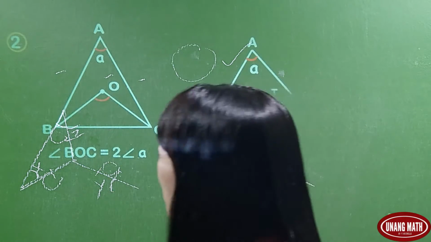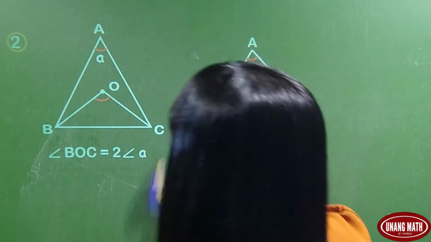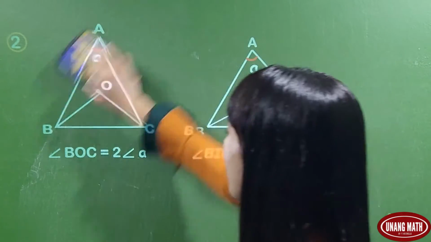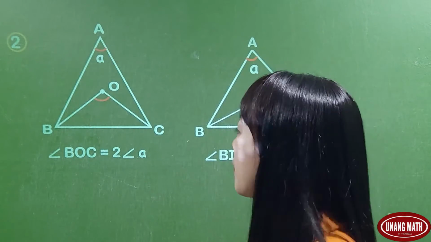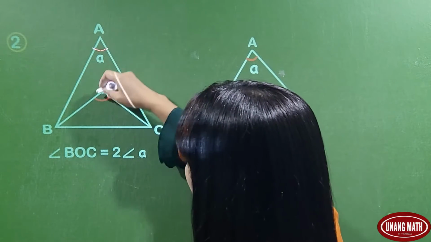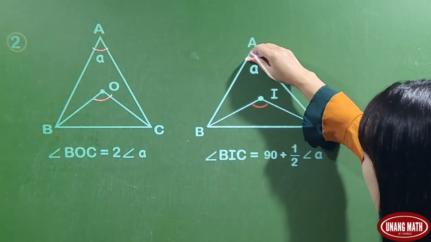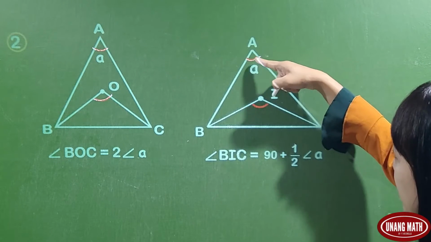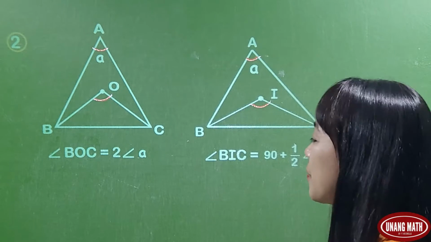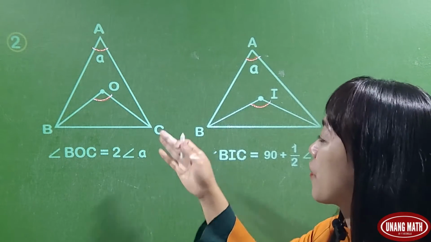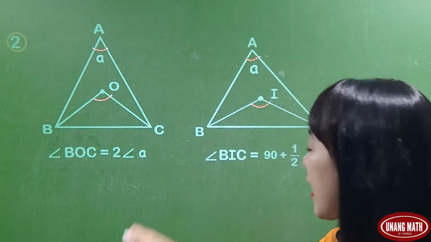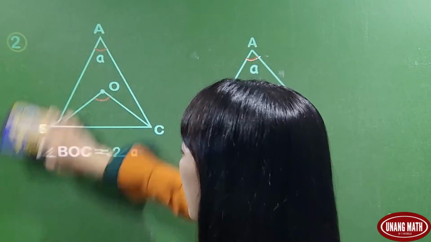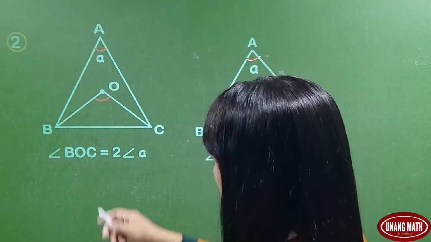Okay, moving on. What about in these two figures? Here, we are going to compare the relationship between this angle and this angle. We actually had this one in our previous episode, so let's just discuss it briefly.